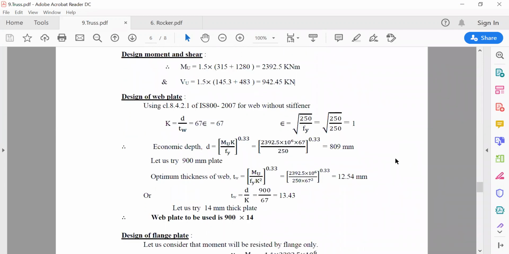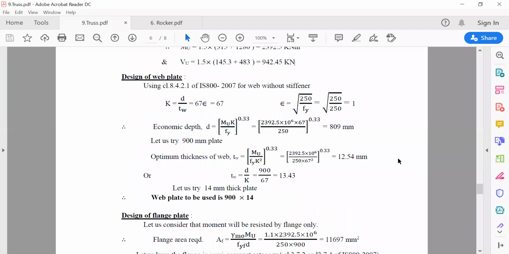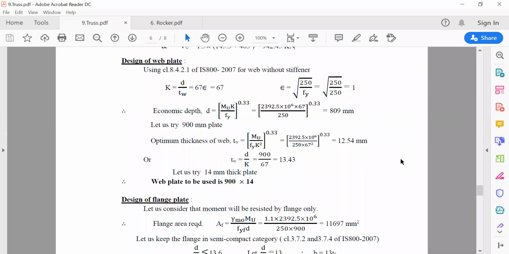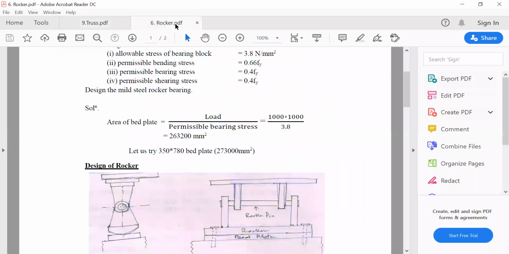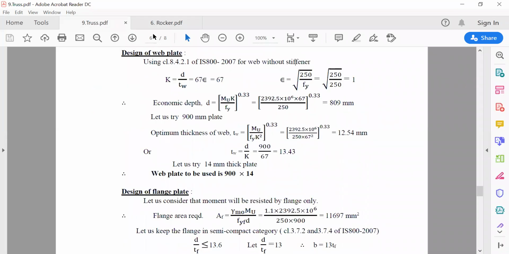Now actually I have a meeting at 6:30, so I'll do one thing. We will complete it tomorrow, and then we will go to the rocker. So by the 21st, hopefully we will try to complete this problem and the rocker problem.